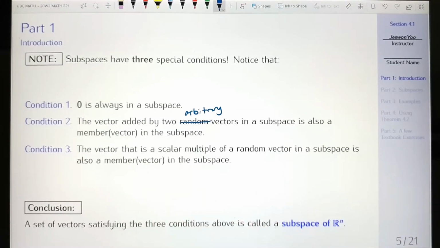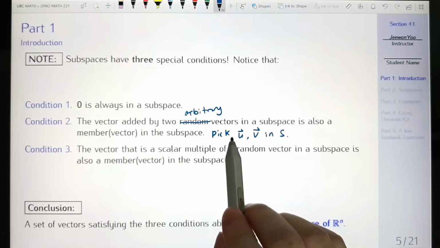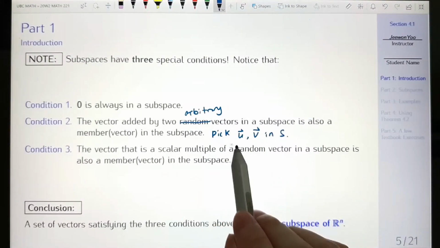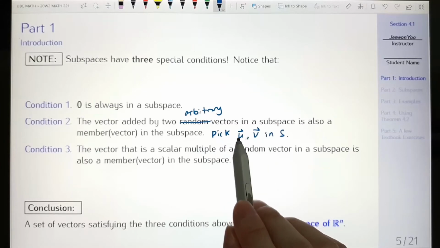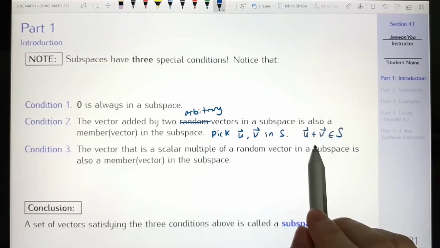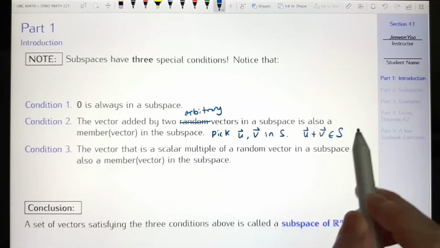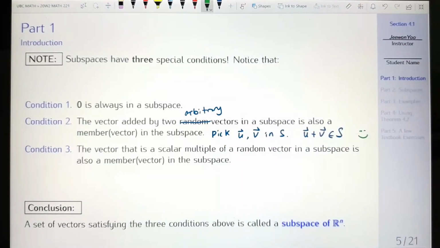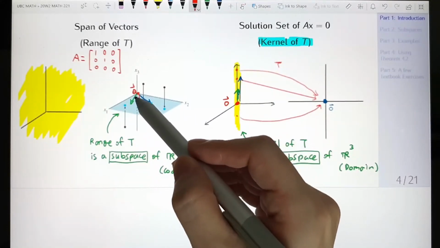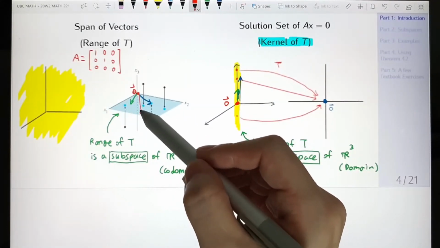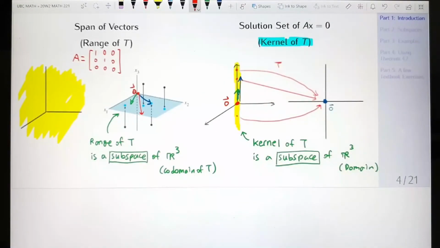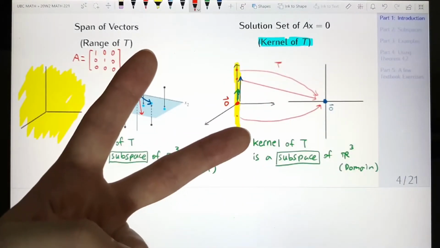It means we pick two random vectors in S and add them up. If u plus v is also in S, then we are happy. If u plus v, which is the red arrow, is also living in the plane, then we are happy. That's what I'm talking about for condition 2.